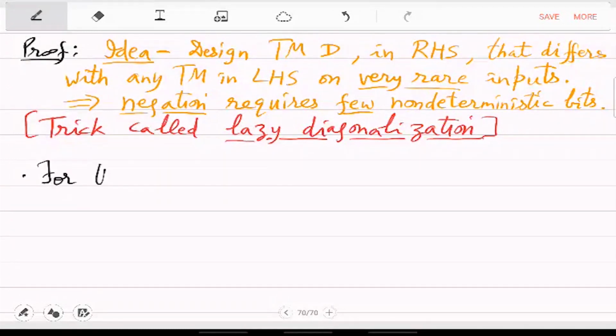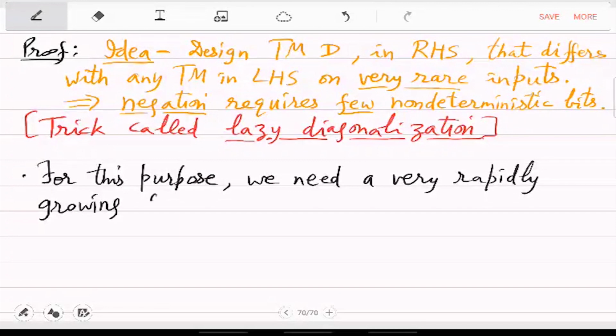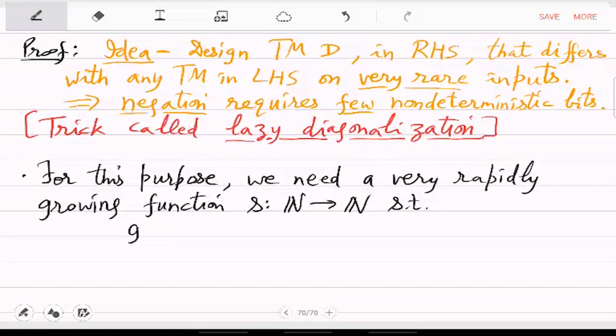So, for this purpose, we need a very rapidly growing function S such that g(S(i+1)) lies between 2 raised to g(S(i)) plus 1, so these two should sandwich S(i+1).